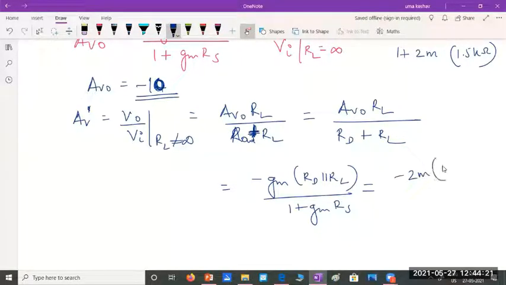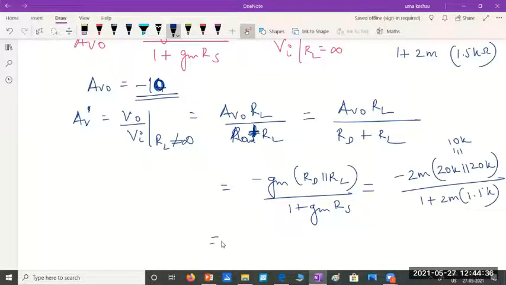Minus 2 milli. Here you have 20K in parallel with 20K. This would be how much? 10K. And 1 plus GM RS is same as before, no change. So I think it will be only half of your previous value. Will you get it as minus 5? Yes, ma'am, minus 5.